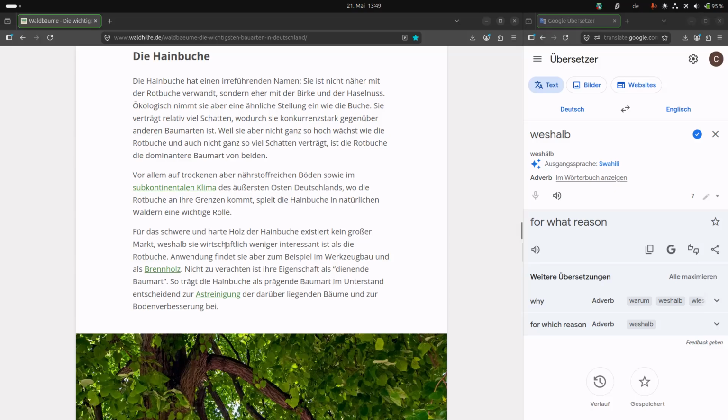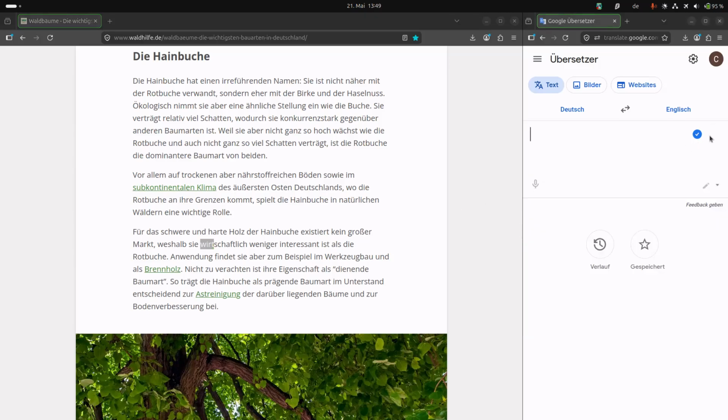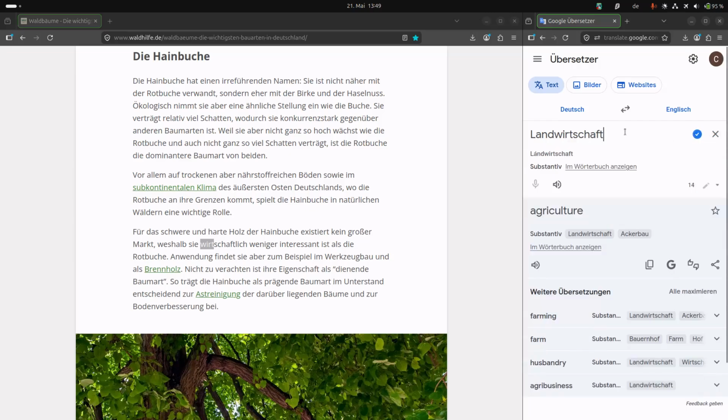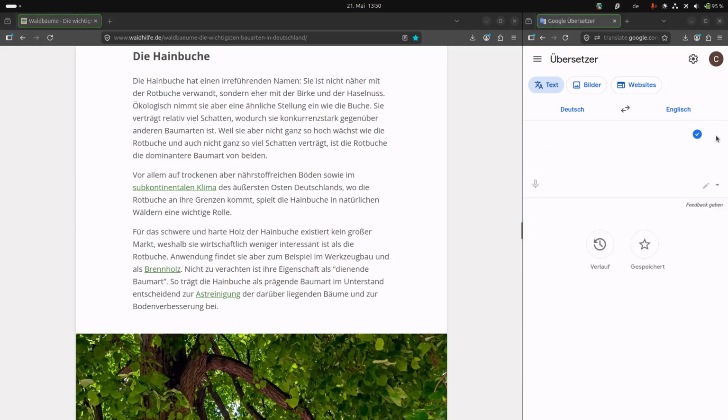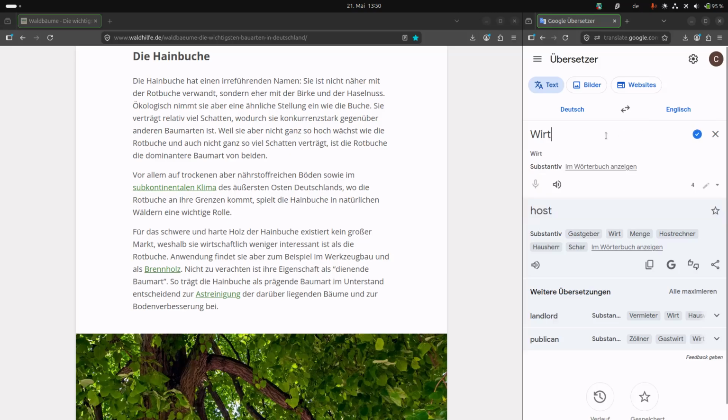Wirtschaftlich, economically. We had that in some previous episode where I said Wirt is, for example, in Landwirtschaft, which means agriculture. But it can also mean Wirt in terms of a host of something, either of a hotel or a restaurant, but it can also mean a host of, for example, a virus in your body.